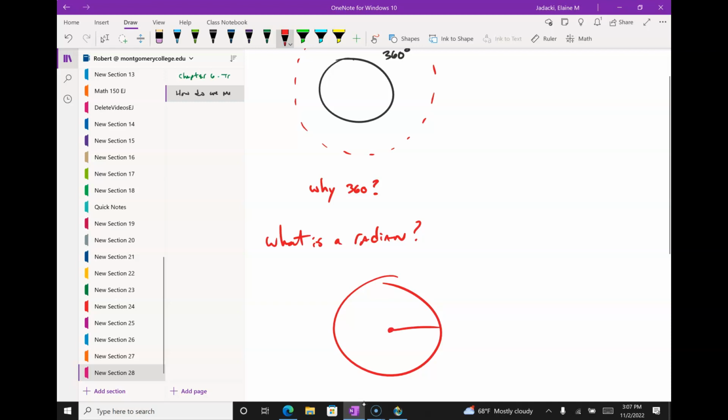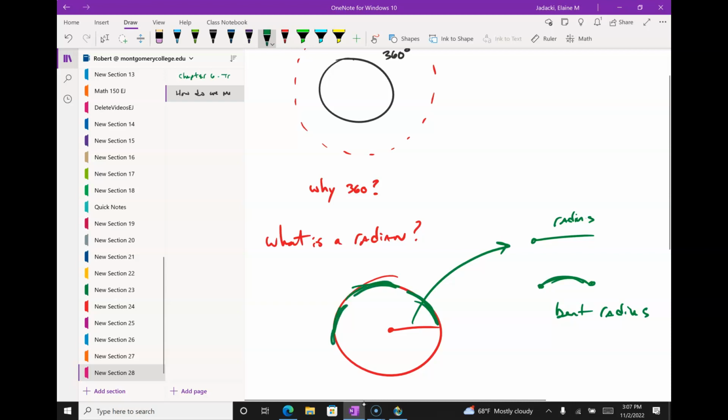The radius. So I'm going to take the radius of my circle and bend it along the arc of my circle. So, a bent radius. I'm going to lay that radius on my circle.